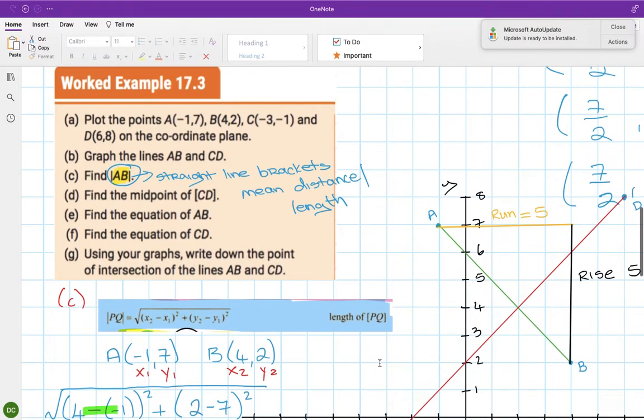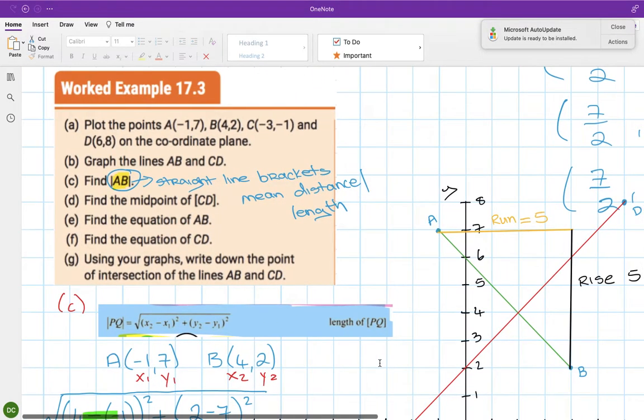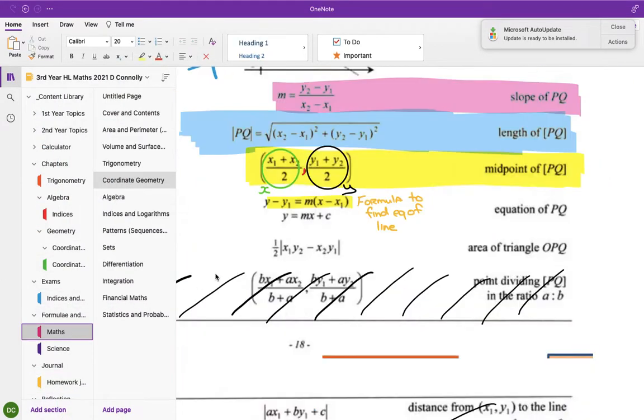Like I said, you can do it using the formula. I'm only going to do this once, but I'll show you. So A is -1, 7, and B is 4, 2. I want to know slope, so I'm going to go get my slope formula. Should be like the only one we haven't used.